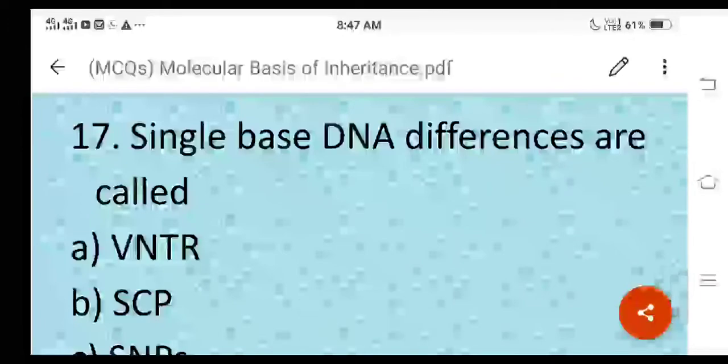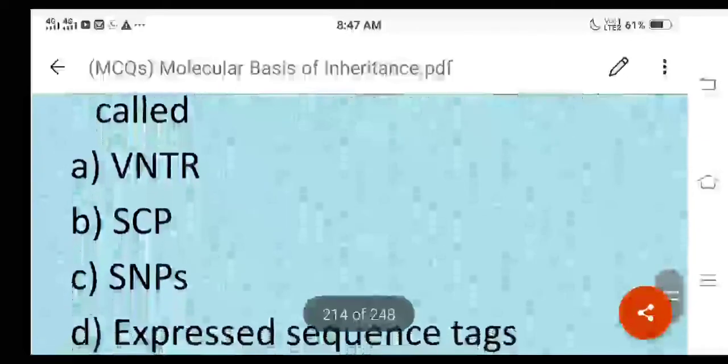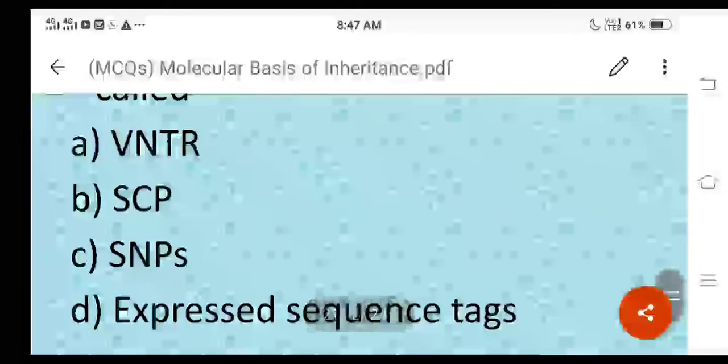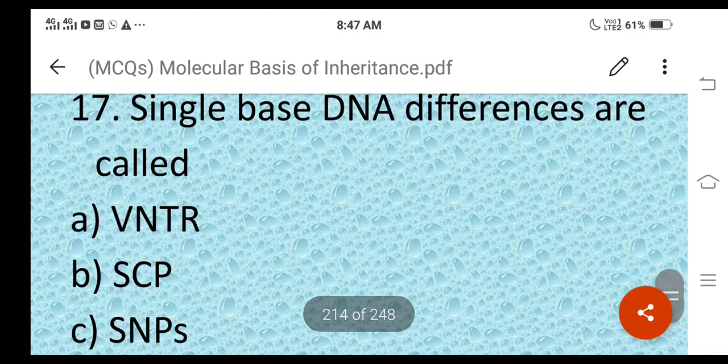Question number 17. Single base DNA differences are called. What is the correct answer here? The options are VNTR, SCP, SNPs, then expressed sequence tags. VNTR refers to variable number of tandem repeats, so this is wrong.